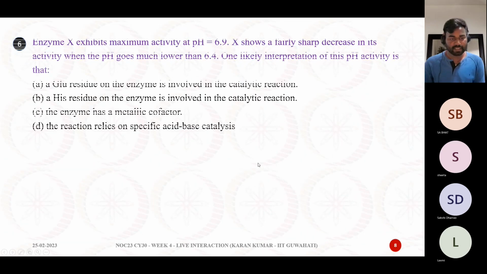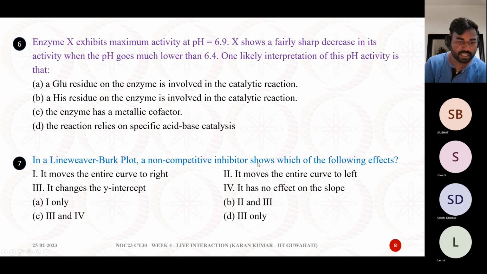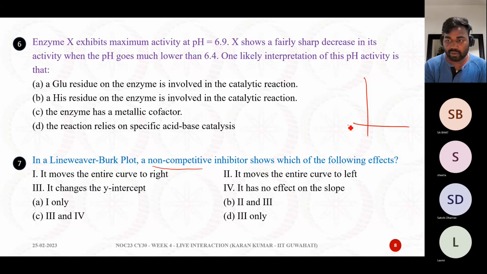So now interpret this question. Your question was, in a Lineweaver-Burk plot, the non-competitive inhibitor shows which of the following effects? It moves the entire curve to the right. Is it happening? Your non-competitive inhibitor was changing both slope and intercept, right?